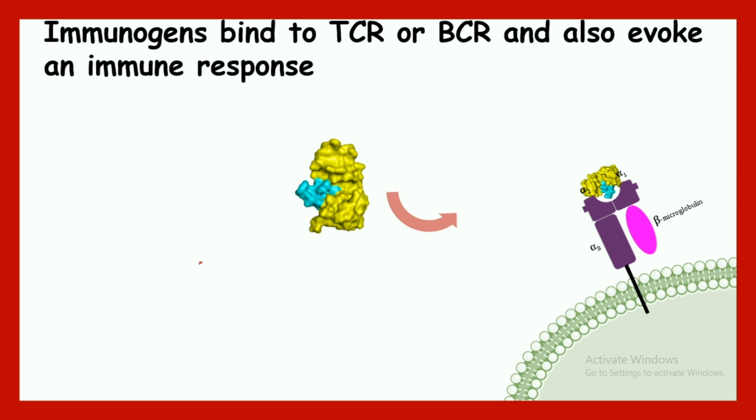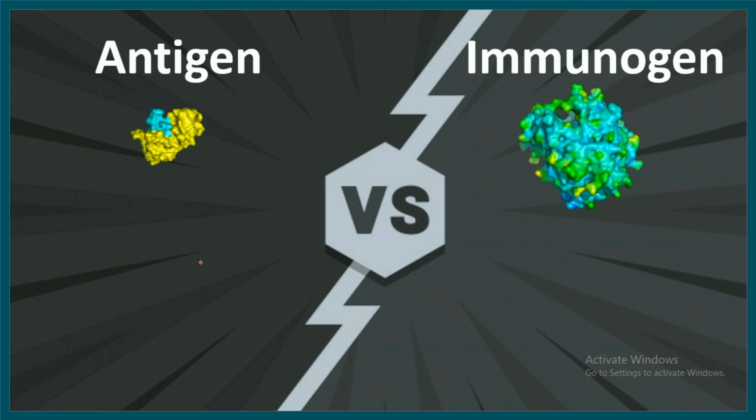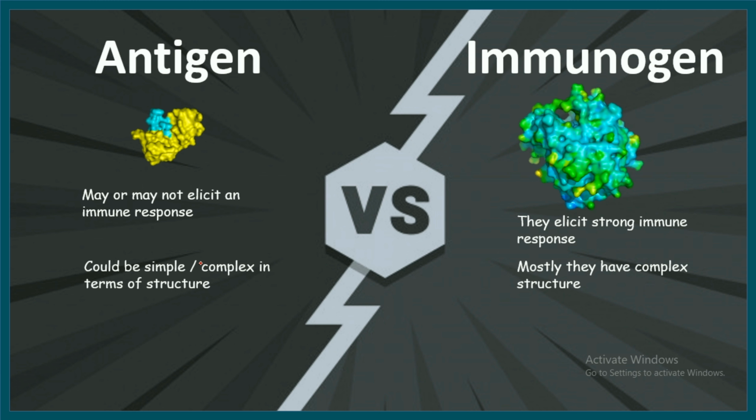Antigen may or may not evoke an immune response, but immunogen always does. So antigen may or may not elicit an immune response, but immunogen would elicit a strong immune response for sure. Now antigens may or may not be complex, but immunogens are generally very complex in terms of their structure. So these are the quick differences between antigen and immunogen.